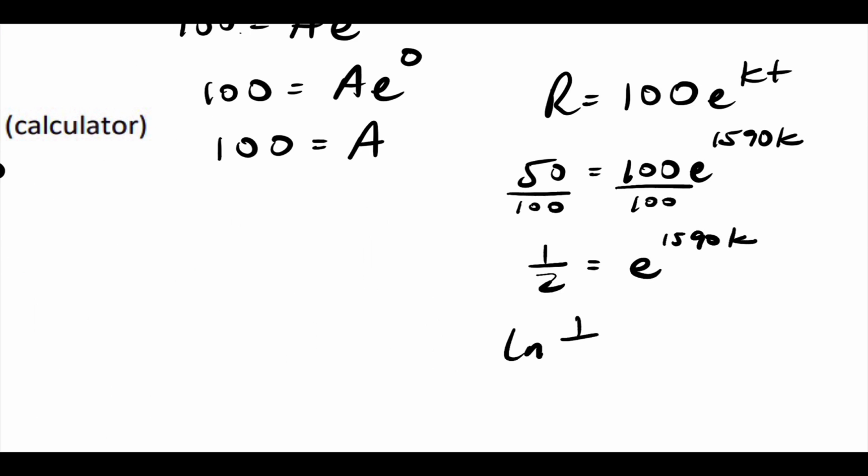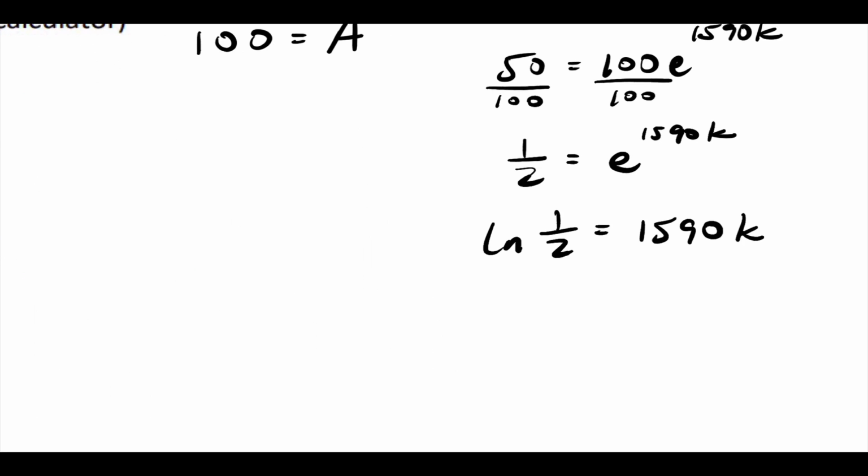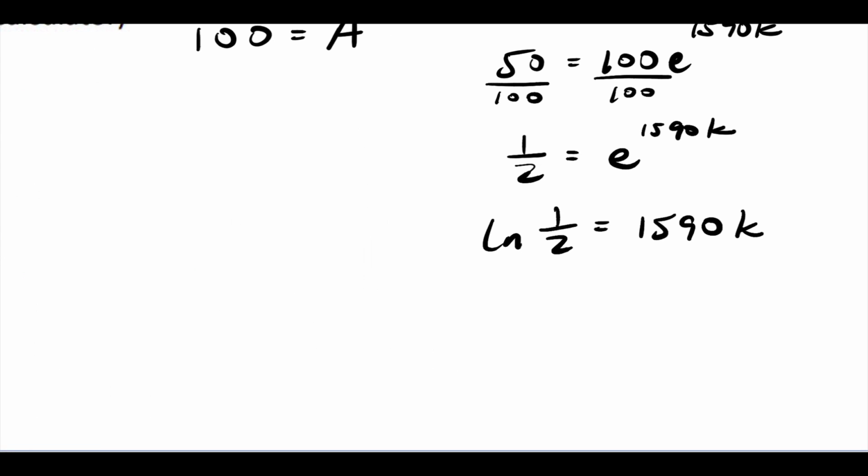Yep, natural log of 1/2 equals 1,590k. Divide by that. Don't change it to a decimal. Leave it like that. And that's where we'll stop for today.